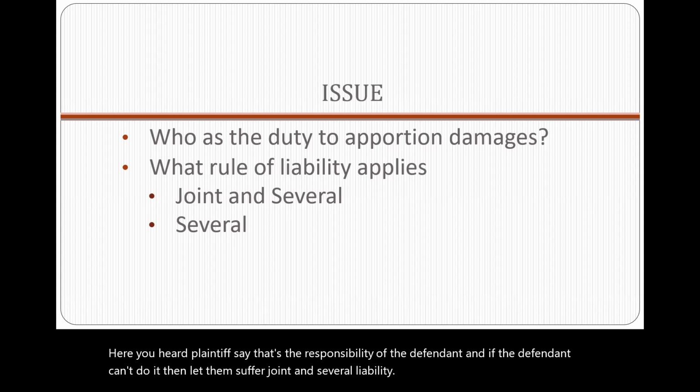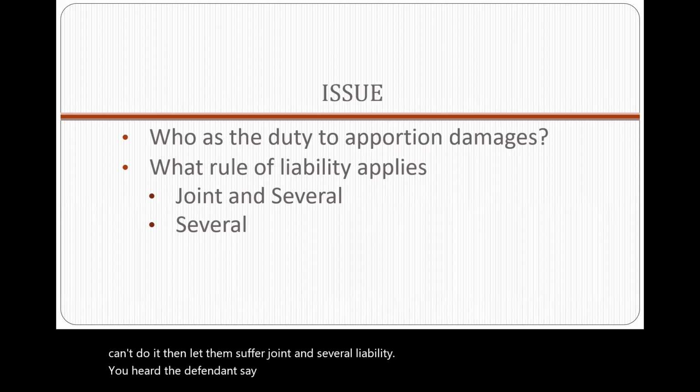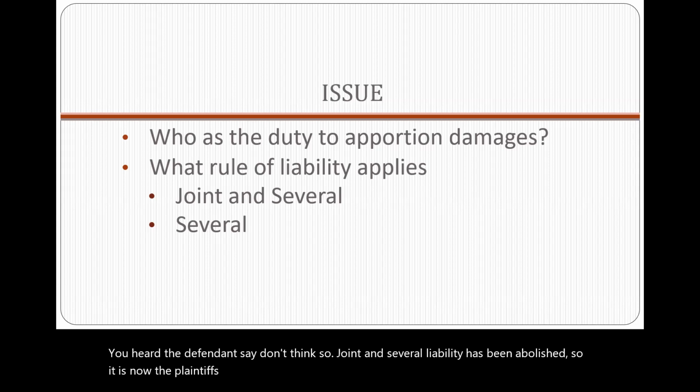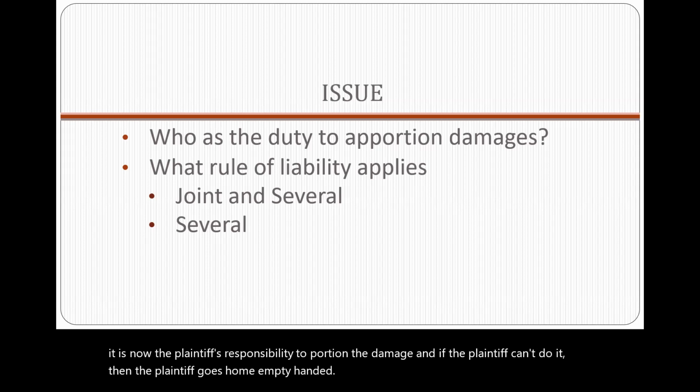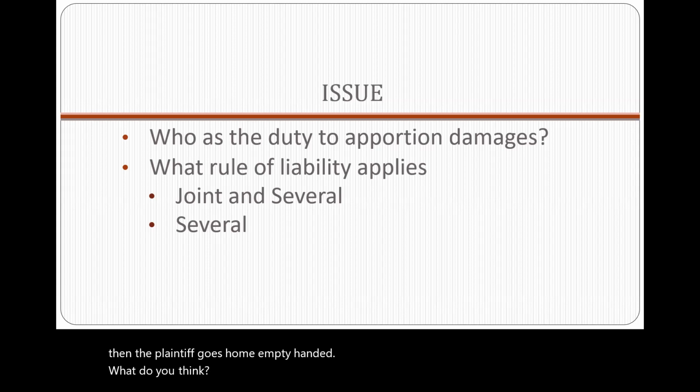You heard the defendant say, don't think so. Joint and several liability has been abolished. So it is now the plaintiff's responsibility to apportion the damage. And if the plaintiff can't do it, then the plaintiff goes home empty-handed. What do you think? Do you think it should be the plaintiff who has to divide the indivisible?